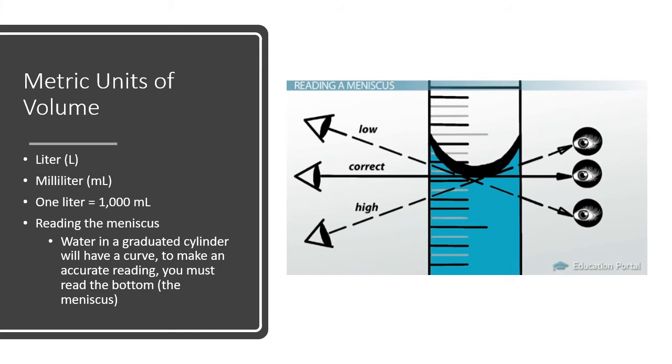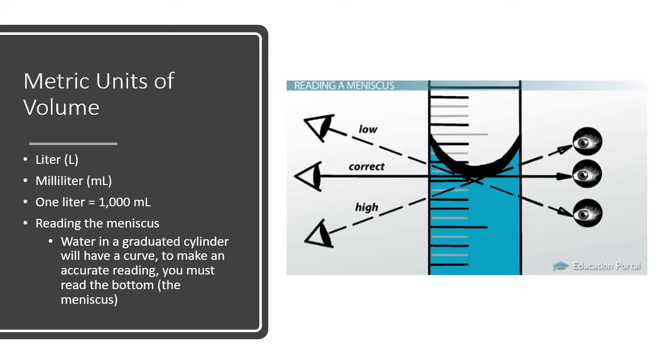When we're measuring liquids, one thing to be very, very careful about is that you must read the meniscus. If you see here in my image, in the cylinder, water will form this curve, this kind of concave shape. This is because of the hydrostatic forces of the water and the side of the cylinder basically interacting.